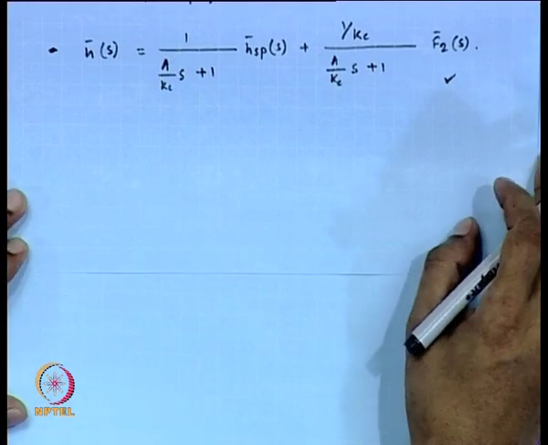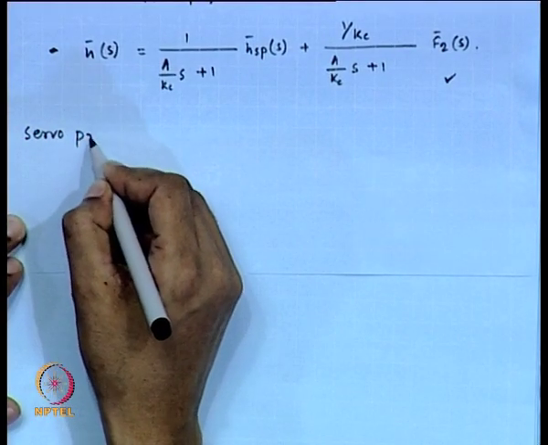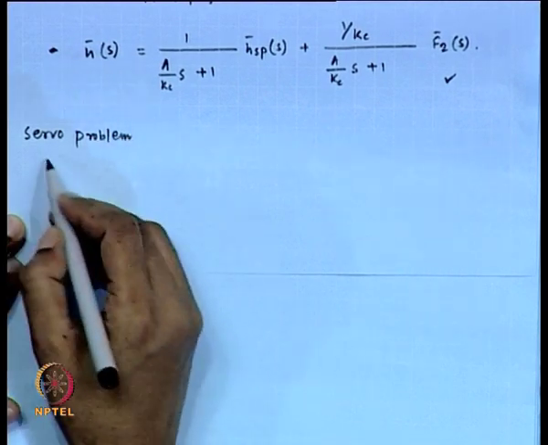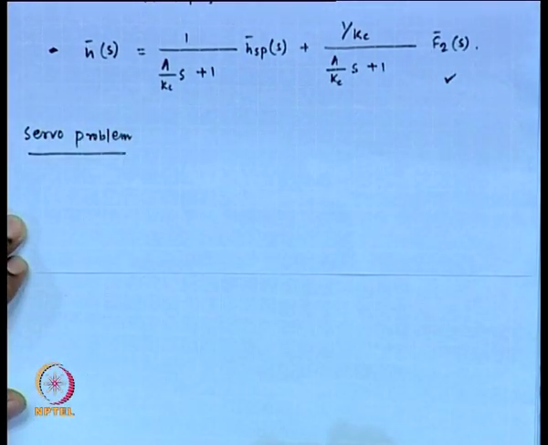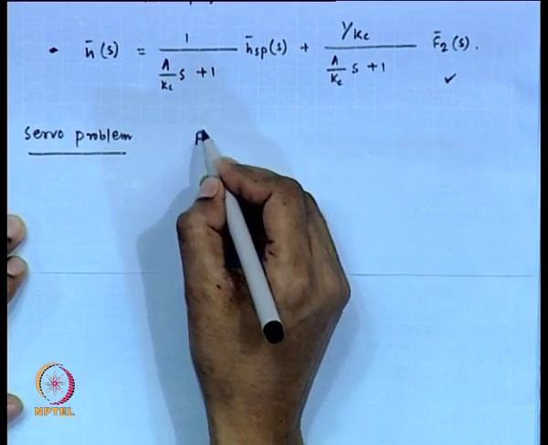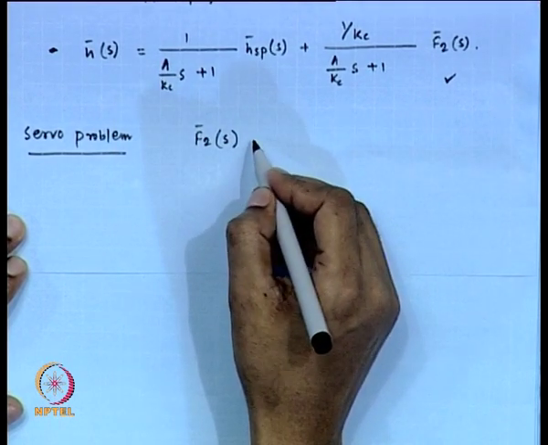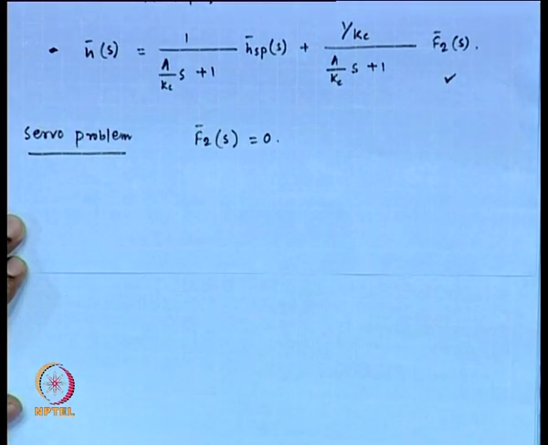So, first we will consider the servo test. So, this is the servo problem. For the servo problem we can write that F2 bar S equals 0, because there is no change of disturbance.